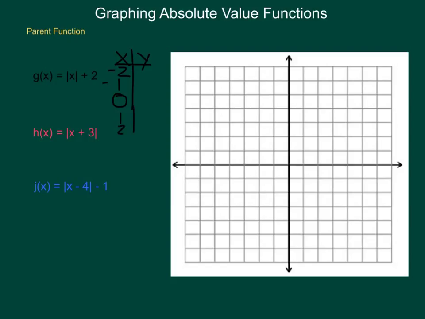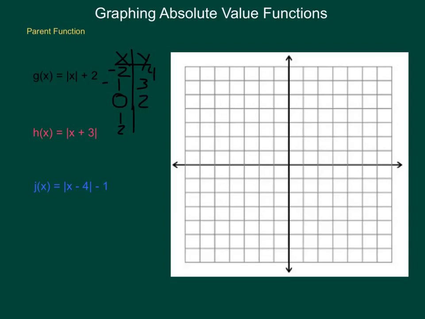So if I use 0, the absolute value of 0 is 0, plus 2 gives me a result of 2. Now if I use -1, the absolute value of -1 is 1, plus 2 gives me a value of 3. For -2, the absolute value of -2 is 2, plus 2 is going to be 4.